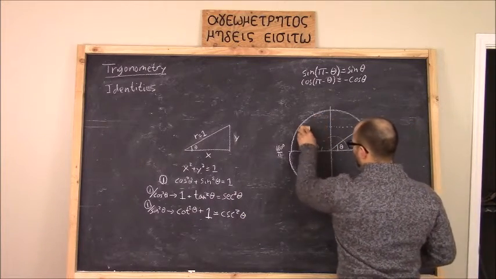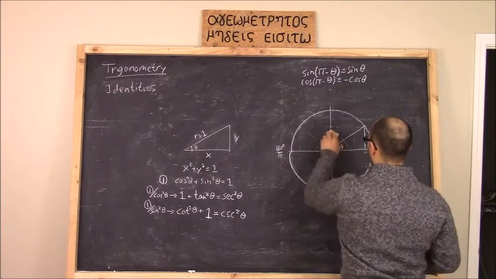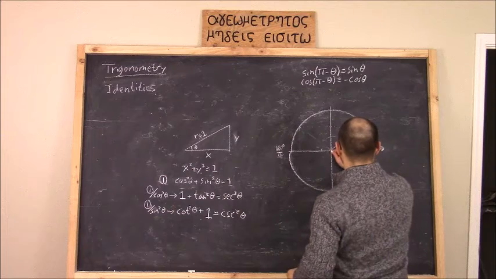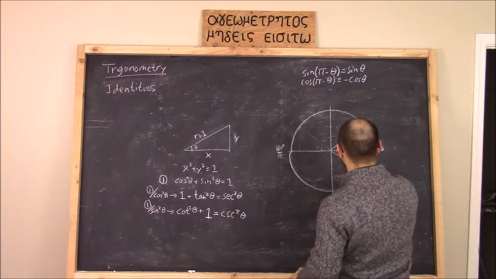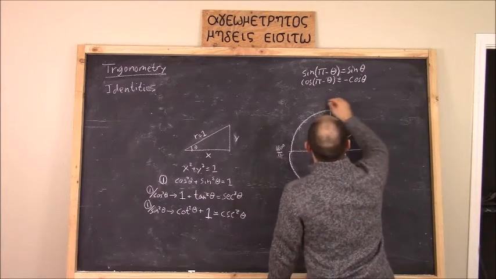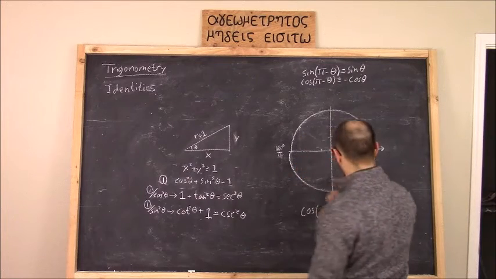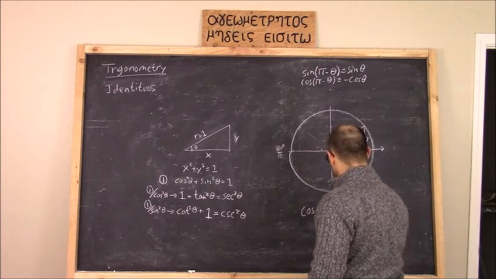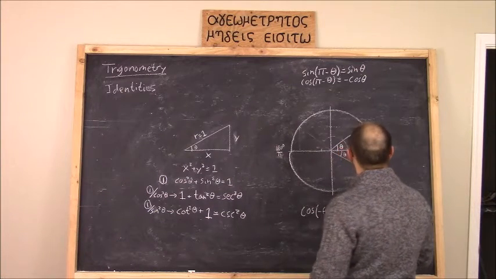What if we go from the first quadrant to the fourth quadrant? So now I have negative theta. Well, here cosine is the same. So cosine of negative theta is equal to cosine theta.